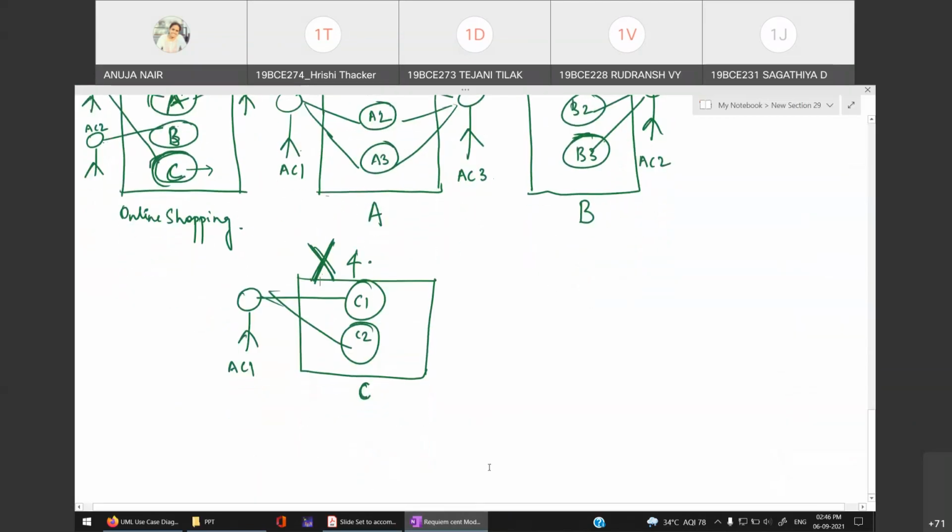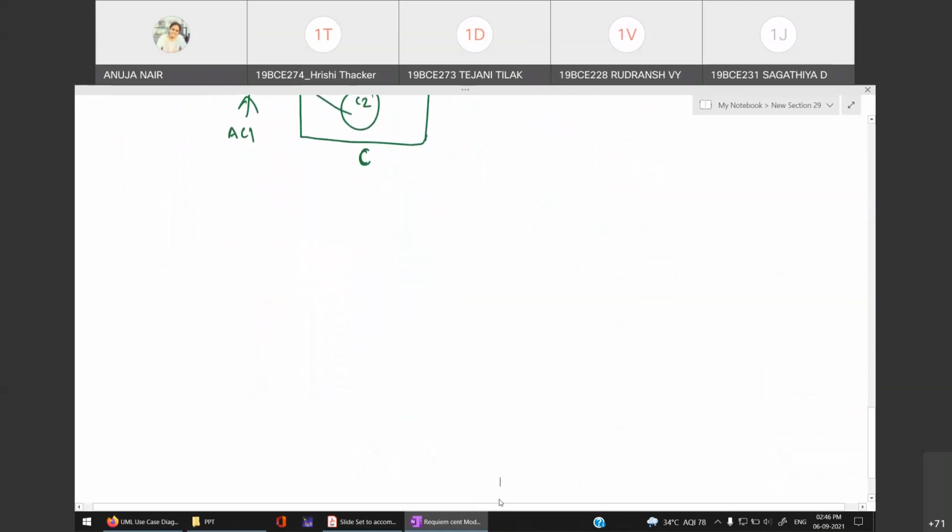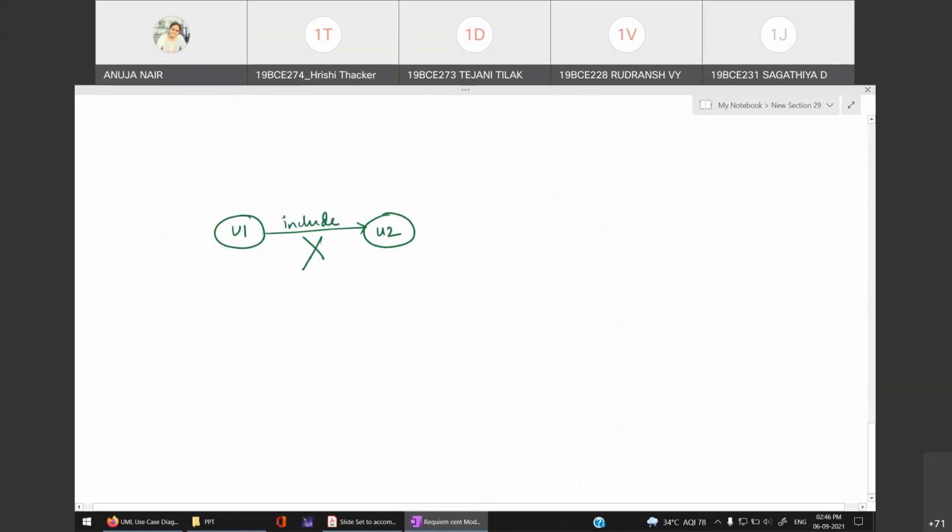If you have a use case U1 and another use case U2, and you write include like this, this is wrong. Please use the notation properly. It is a dotted line, and the word has to be written in between these two brackets. This is the include relationship.